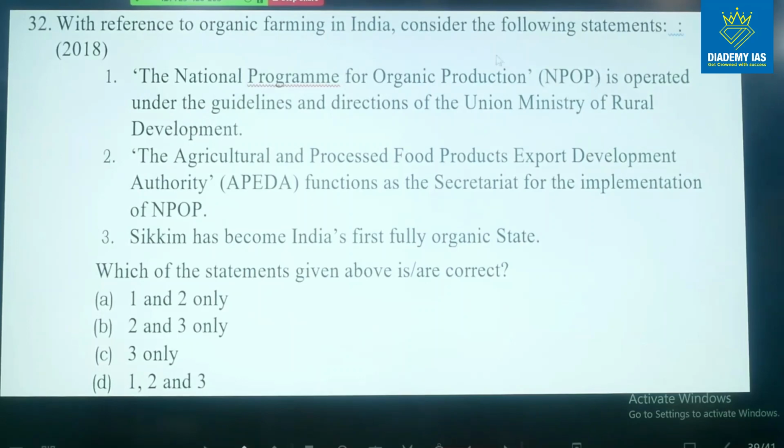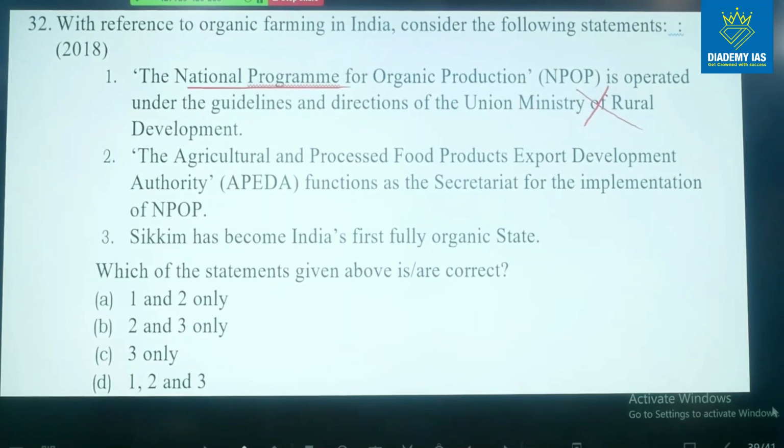What is the answer? Yeah, answer is option B. So first statement is wrong because National Program for Organic Production is operated under the guidelines of Ministry of Commerce and Industry, है ना? तो rural development में नहीं है. So this kind of questions are asked to confuse you, है ना?